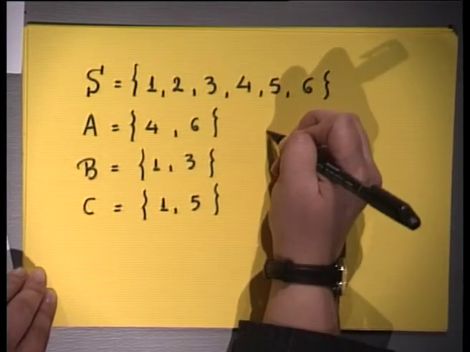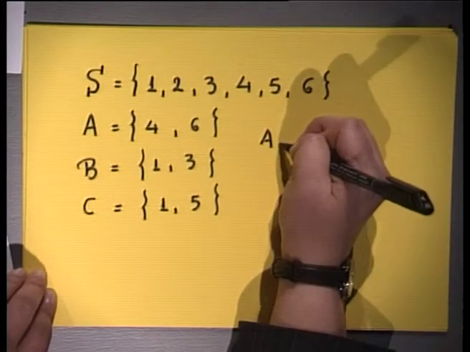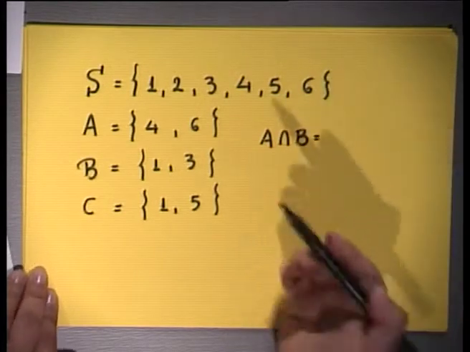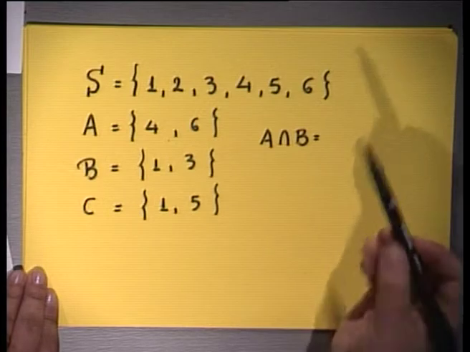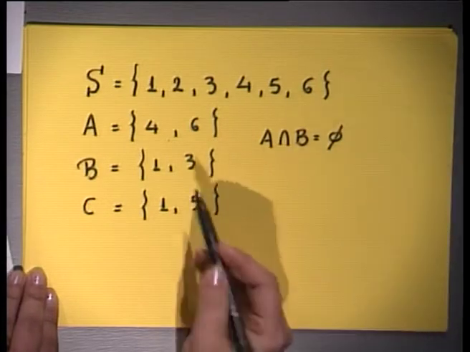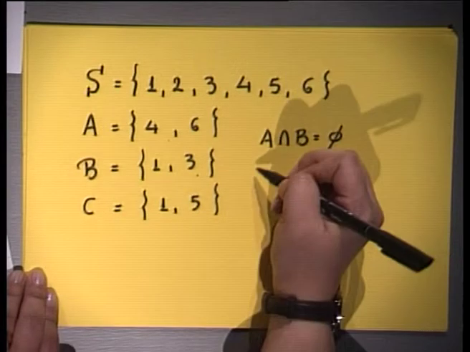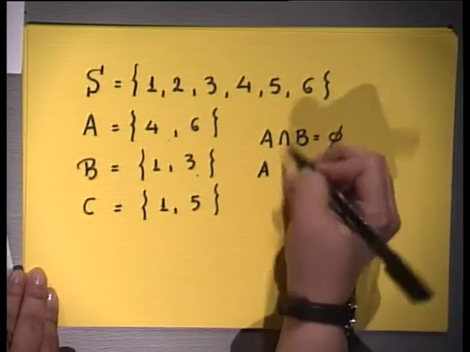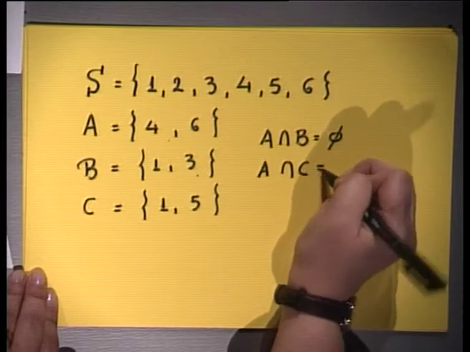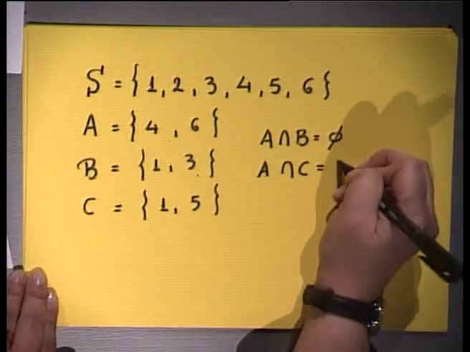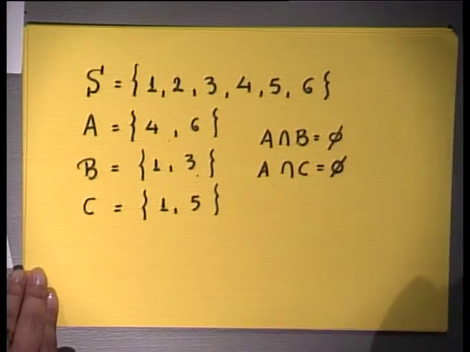The intersection of A and B is the empty set. There are no common elements. The intersection of A and C is again the empty set. No common elements.